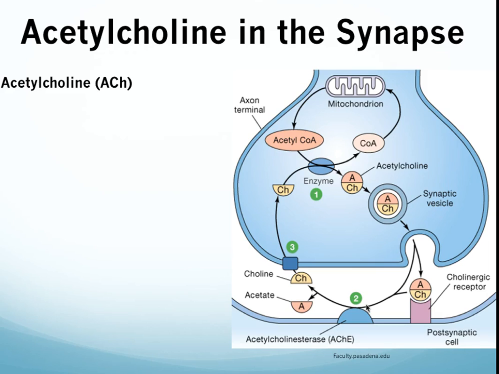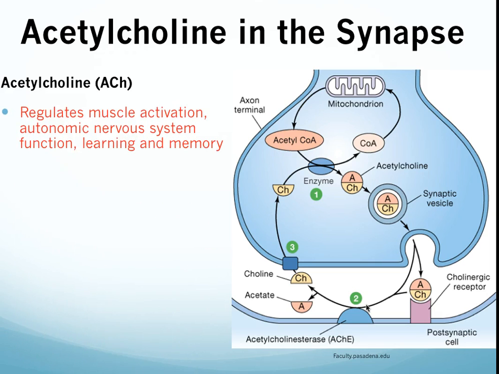So it's very tightly regulated. We don't want it sticking around very long because you can imagine we don't want your synapses being flooded with neurotransmitter, because it could cause all kinds of weird twitching and problems. So this regulates muscles.